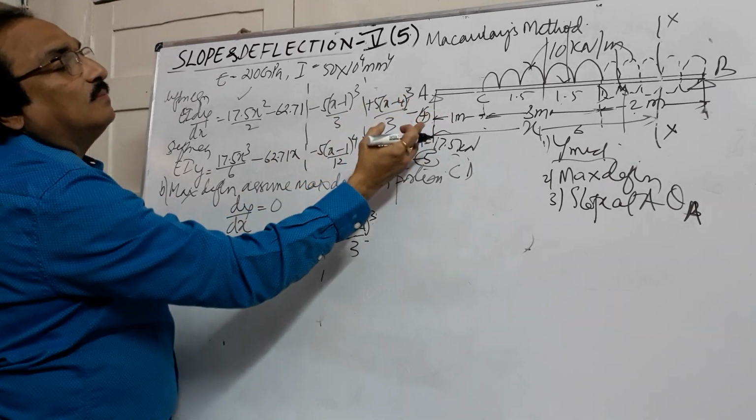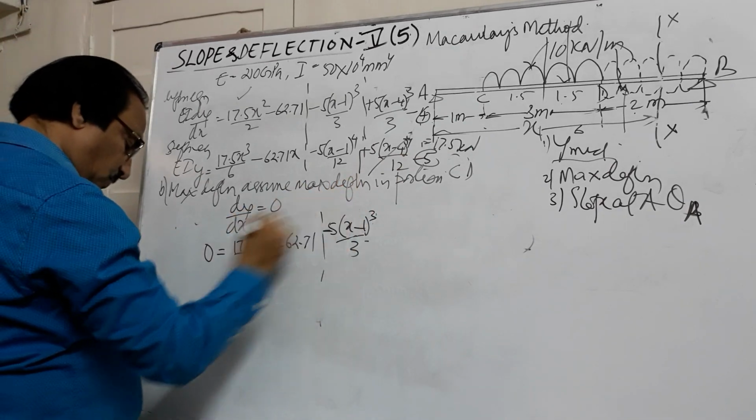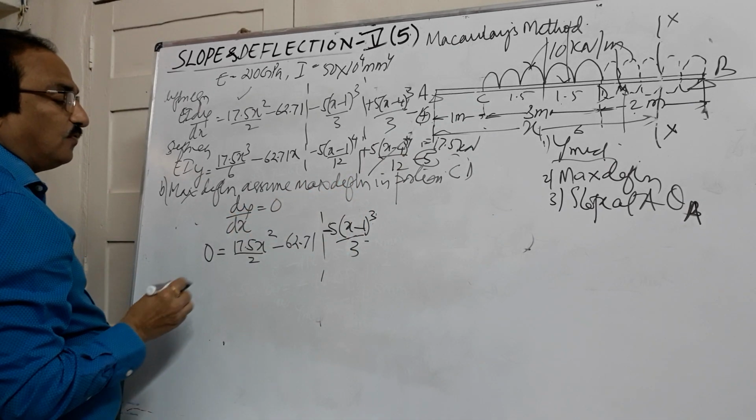This portion will not come into play, this portion will not come into play. So we are left with only this one, and you will have to solve for x.